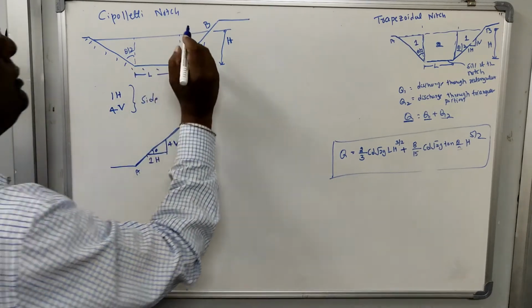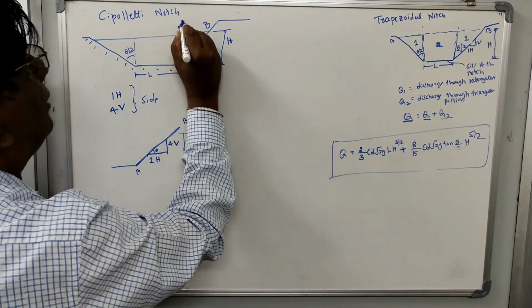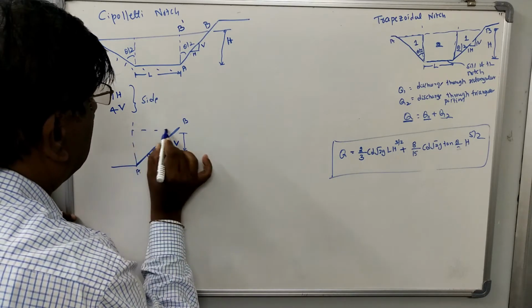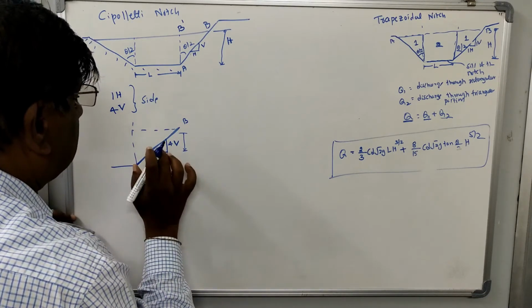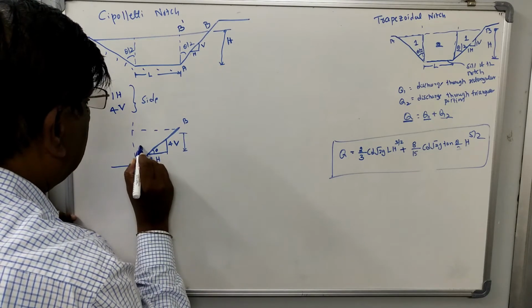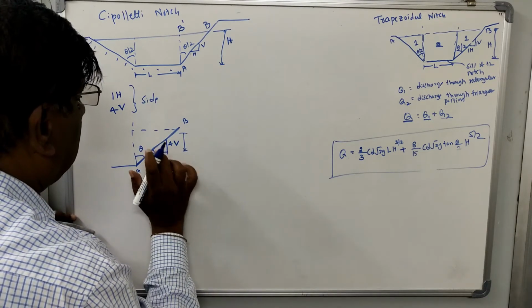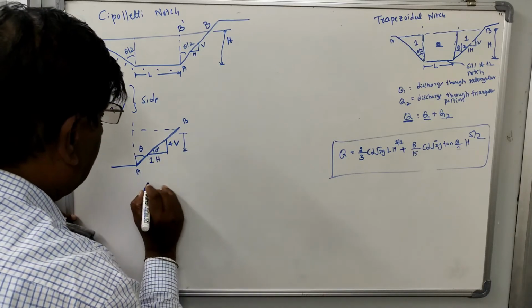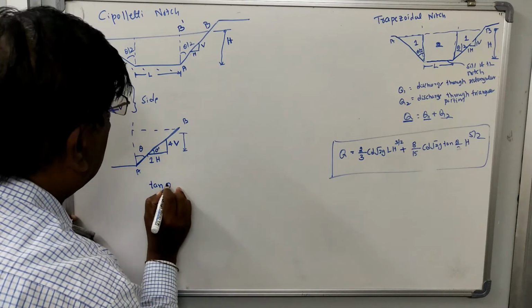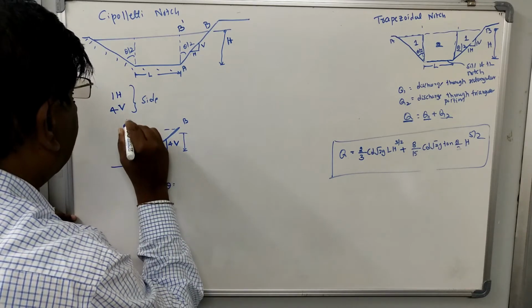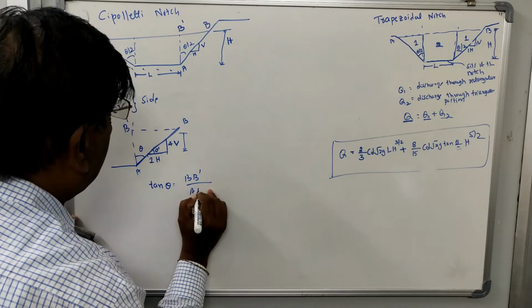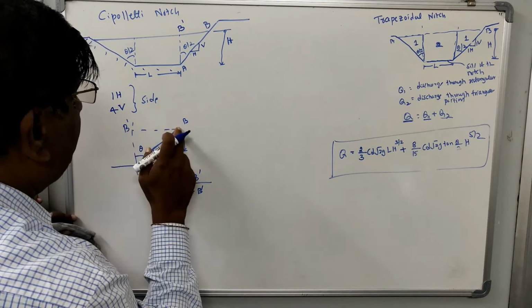According to this, suppose this is B dash, and suppose this is your angle theta. So you can take tan theta is equal to B dash divided by AB dash. What is B dash?